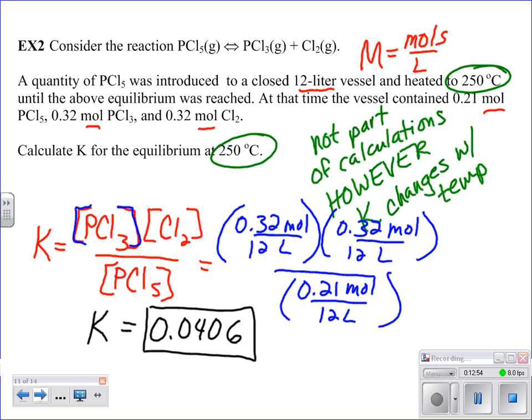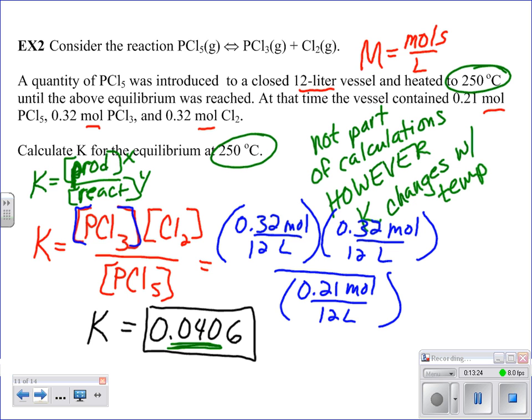What we're going to see in the next video, and I'm not going to do this right now, well, you guys can think about this. If we know that K equals the products' concentration divided by the reactants' concentration raised to the power of their coefficients, so if you've got products in your numerator and reactants in your denominator, if you have a K value that's less than 1, what do you think that means?